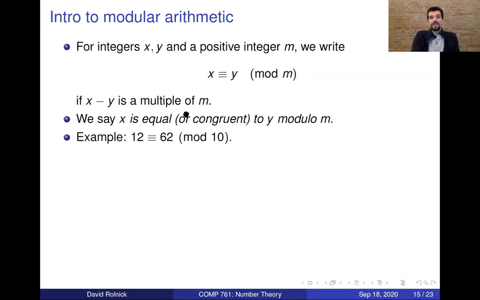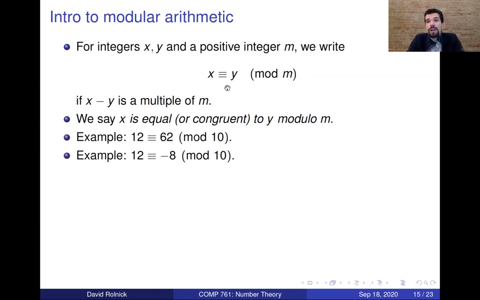So some examples of this. 12 and 62 are the same modulo 10, because their difference is just a multiple of 10. In the case of 10, you can work this out pretty easily by looking at the last digit.